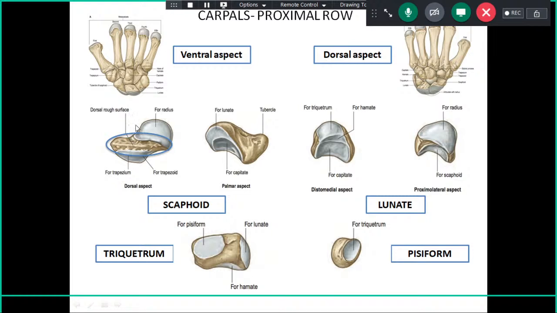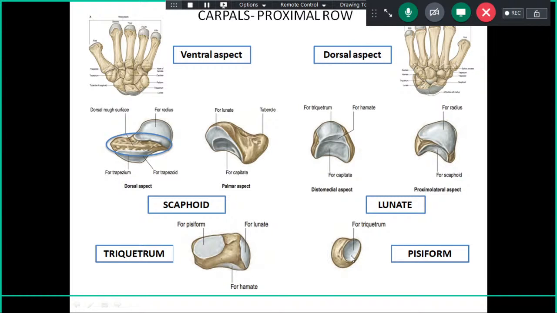Scaphoid is one particular bone which is most easily fractured, and when the vascular supply to the scaphoid is cut, the decreased blood supply would lead to avascular necrosis of the scaphoid. That is one of the reasons why I included the individual picture of the carpal bones. You don't have to go into the details at all, you will not be asked about it, just to orient you.